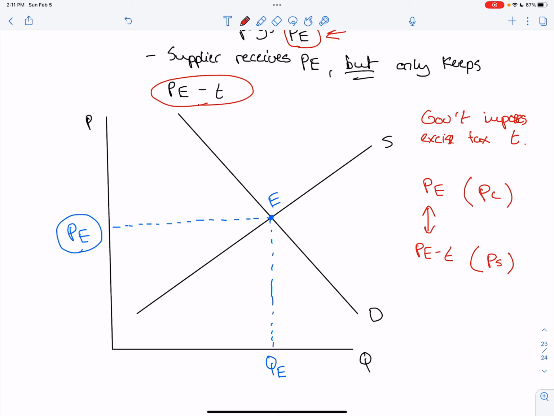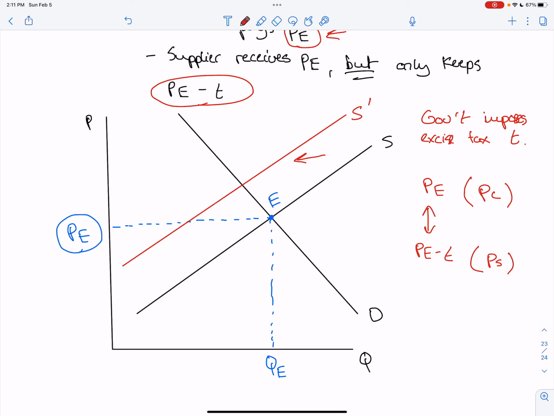This means that there's less of an incentive to sell whatever the corresponding quantity was before the imposition of the tax. So therefore, for every price, the supplier will want to supply less of the good because the supplier will be getting to keep less of it. So this is simply, in our model, a leftward shift in the supply curve.